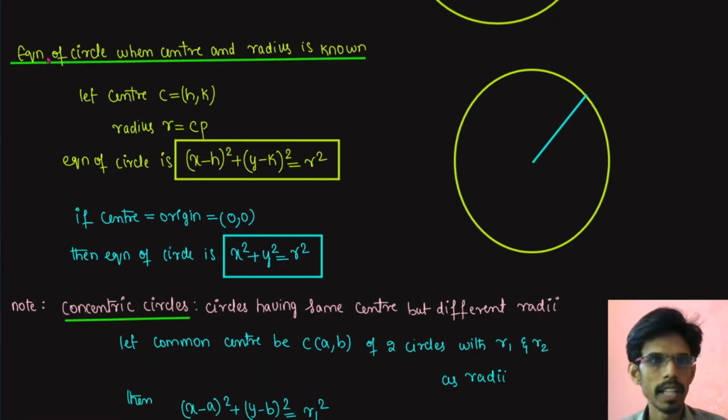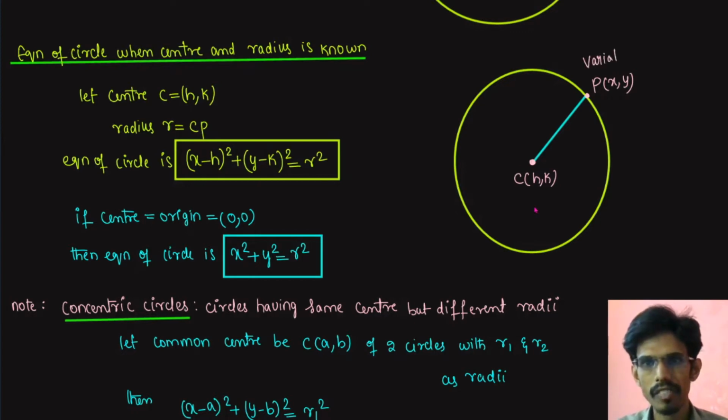Now equation of circle when center and radius is known to us. Now see here in this figure we have a circle. Let us take this center as h comma k. Now let us select a point P on this periphery as x comma y.